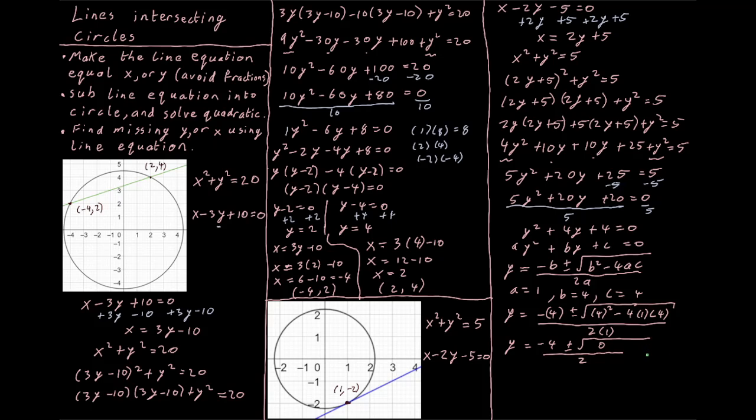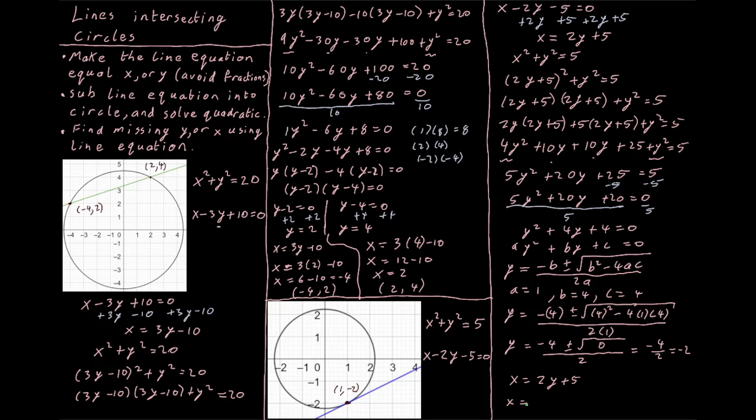So our value for y is just, there is no plus or minus business. Plus or minus 0 helps nothing. So we end up with minus 4 all over 2, which is just minus 2. Then we can go back and say, well, x is supposed to be equal to 2y plus 5.